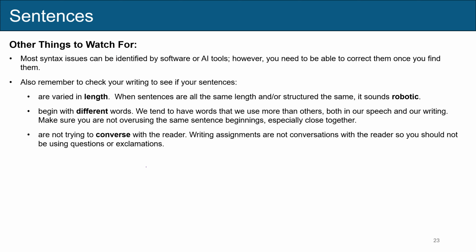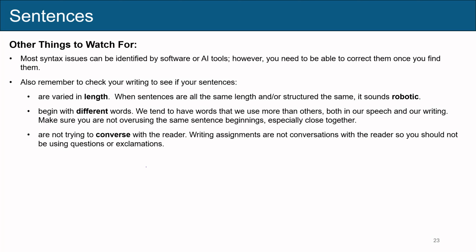I have noticed that at times some students will start several sentences in a row with the same word, which sounds really awkward when we are reading it. Make sure you are varying your sentence beginnings. You're not overusing those same sentence beginnings, especially in close proximity. Doesn't mean that every sentence in an essay needs to start with a different word, but you should have some variation.